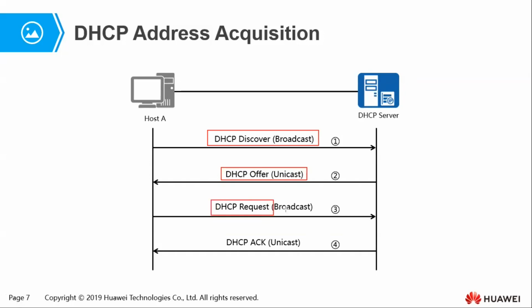The offer will come with the configuration parameters that you need. Then you'll request to use those particular configuration parameters, and the DHCP request is a broadcast because you want to tell the others, hey, I'm choosing to use DHCP server 1 and not you.